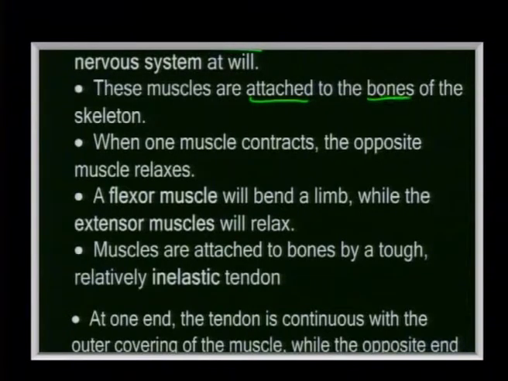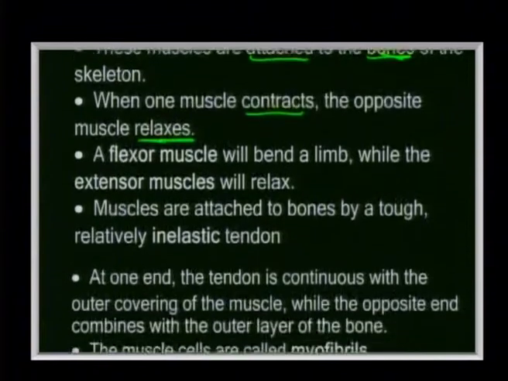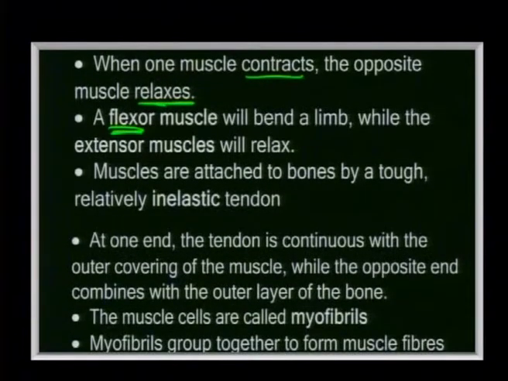So attached to the bones of the skeleton, when a muscle contracts, the opposite one is going to relax. A flexor, now this you must remember, a flexor muscle will bend a limb, while an extensor is going to relax. People think, I remember my son when he was little, and he'd say, Mommy, look at my big muscle, look.